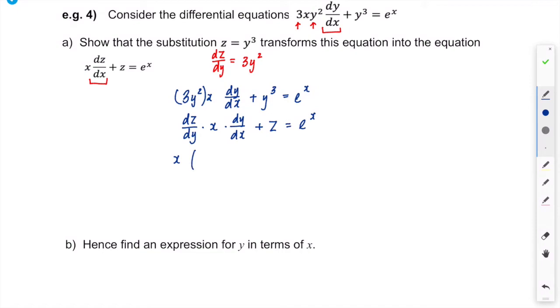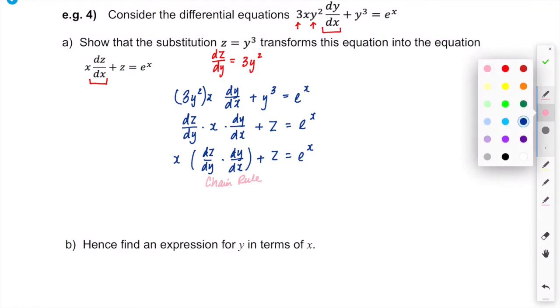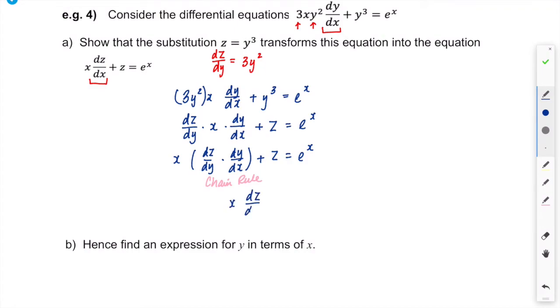Well, this is x times dz by dy times dy by dx. I'm just going to rewrite it so it looks more obvious. By the chain rule, we can express this now as dz by dx, which is what we need. And this is shown.